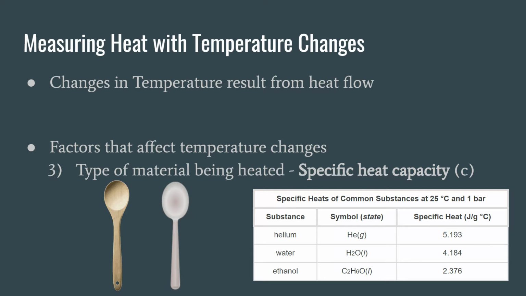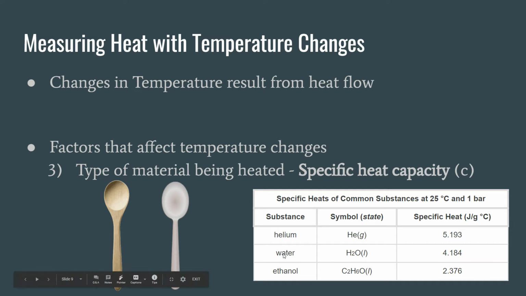And the last thing that goes into how much the temperature will change is the actual material. Every material has what we call a different specific heat capacity, or the amount of energy it takes to change the temperature of that material by 1 degree Celsius.